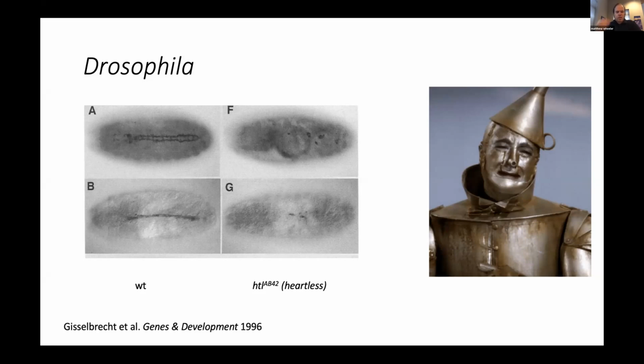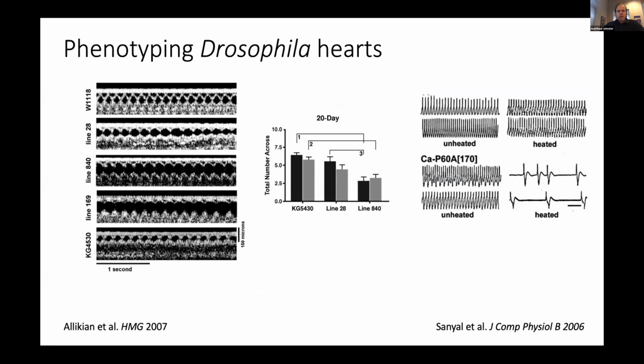Of course, Drosophila only has a heart tube. It doesn't have many of the structures that we know and love as cardiologists. But the phenotyping of Drosophila hearts has come a long way, and these are some images from my bay mate when I was doing my PhD.